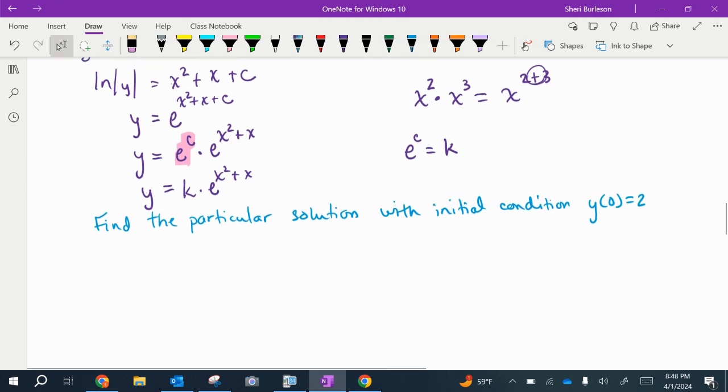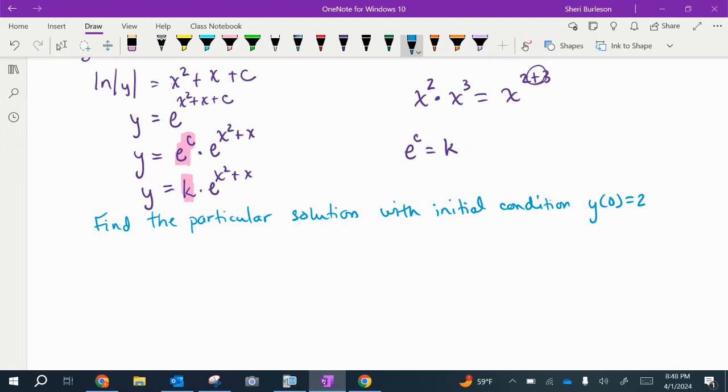If you want to try to solve for that constant now, remember, we have changed the way it looks, but a constant raised to a constant power is still a constant. So we don't need two constants. We can just write it as k. So we're now solving for k.